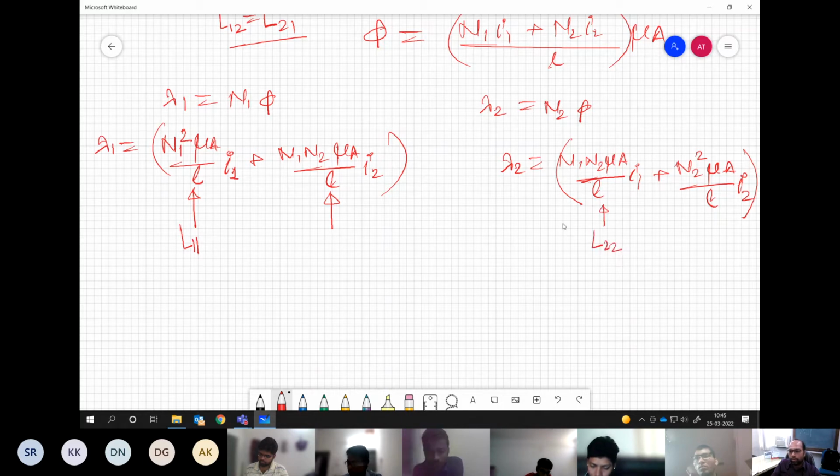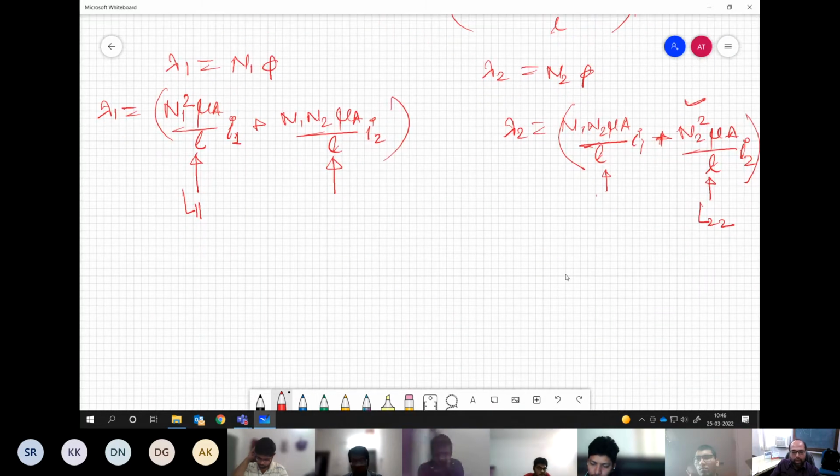This comes on account of the excitation in the same coil, or the properties of the same coil. This is not dependent on the other coil. This is only the property of the same coil. The number of turns is only what we have for that particular coil.